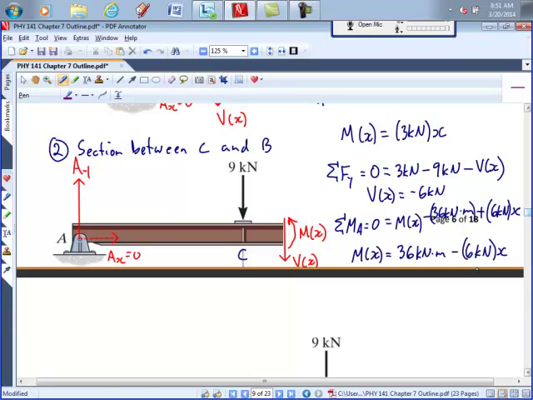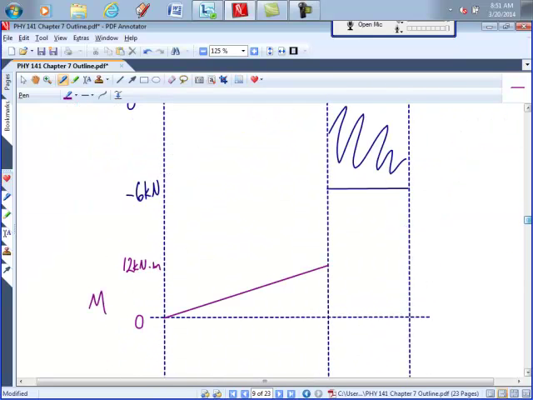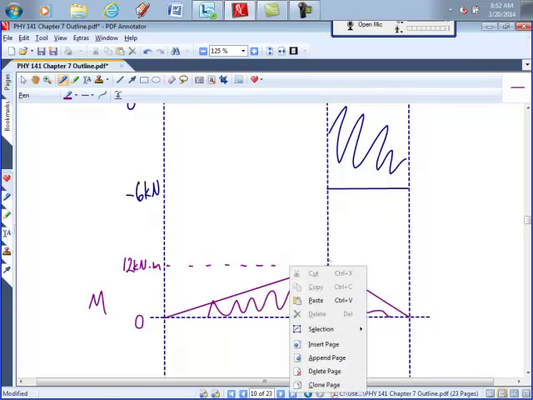So it's actually going to start at the same point where the other one finishes, and then it's going to continue with a slope of negative 6. And continuing with the slope of negative 6 for another 2 meters, it finishes up at 0. We'll shade that one in as well. Okay, so that's our shear and moment diagrams for that simply supported beam.